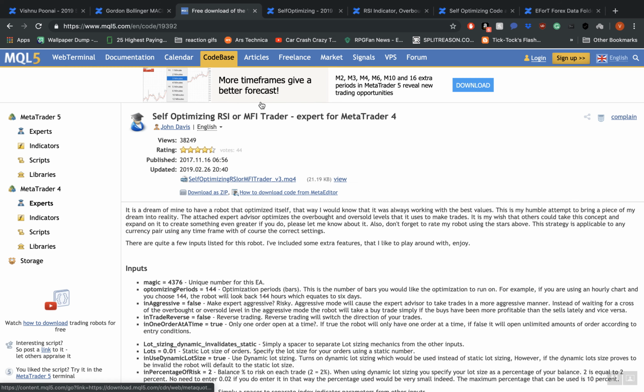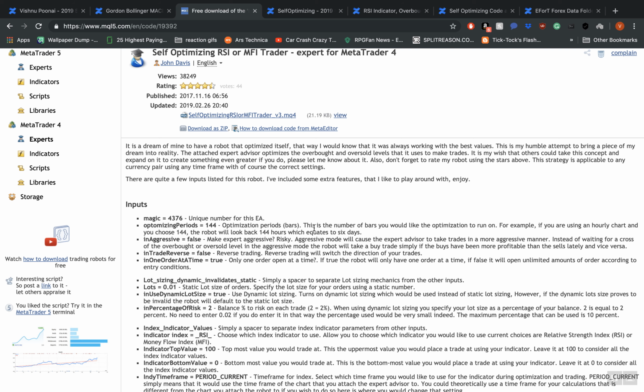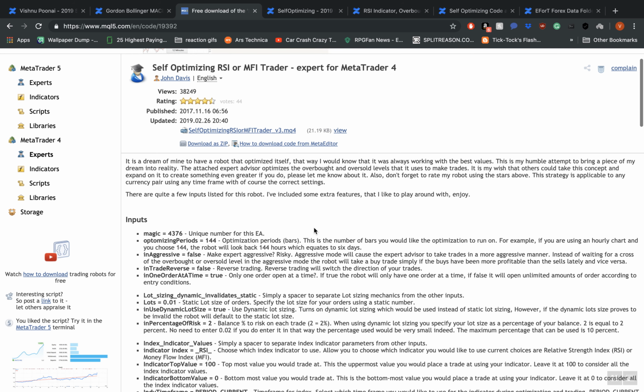So, back to the Expert Advisor. Where it goes a step further is that, in addition to being an RSI and MFI trader, it's a self-optimizing trader. It tests each variable on the indicator, whichever one you choose, RSI or MFI, and tests it no matter how many hundreds of values it has on these indicators. It goes back a certain number of bars or optimization periods, and grades by value how much money it would have won or lost trading at that value.